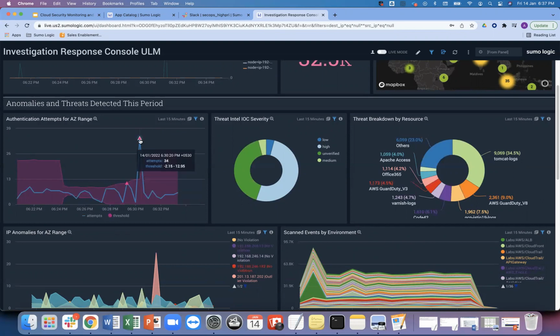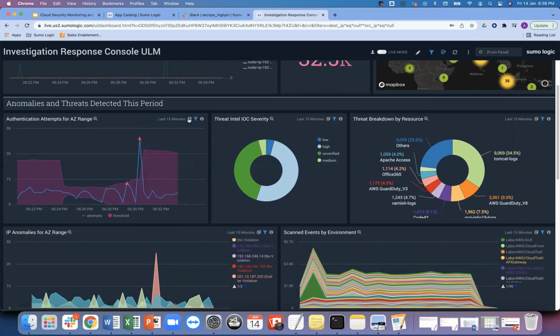Say 34 authentication attempts happen, and this is not a normal scenario at that point of the day. This pink triangle is an outlier indicator, and it gives you immediate attention to see what's going on.